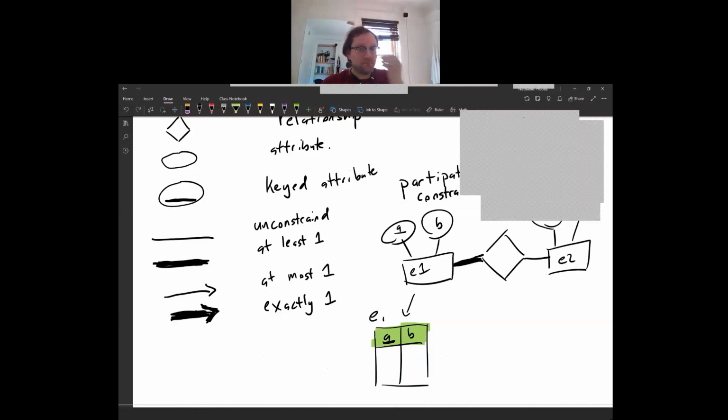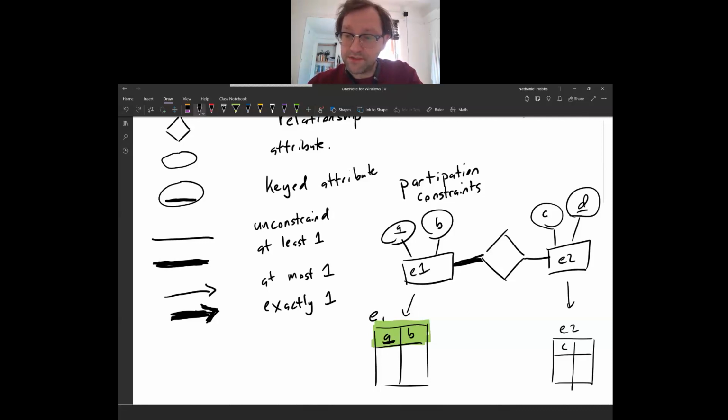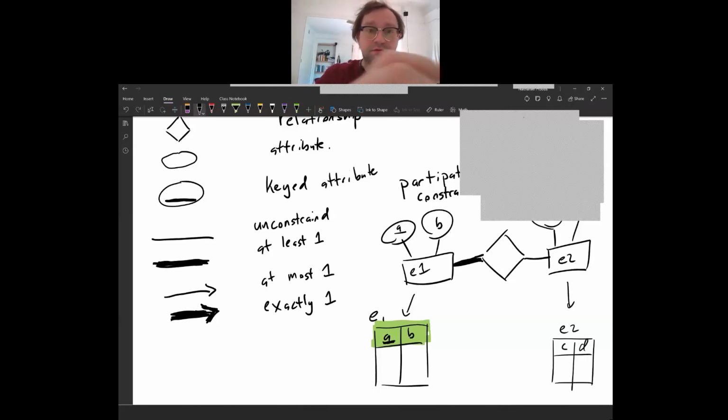As far as what the particulars are of what's actually filled in, ER diagrams aren't involved with that. The only thing they're designed for is talking about what columns you have, what their names and types are, and which one is the key, or which ones are the keys. And so similarly here, E2 would be a table with a column C and a column D, and D would be the keyed one.